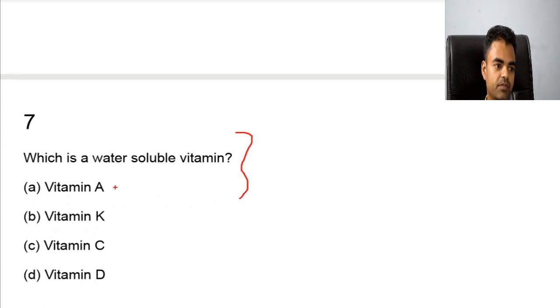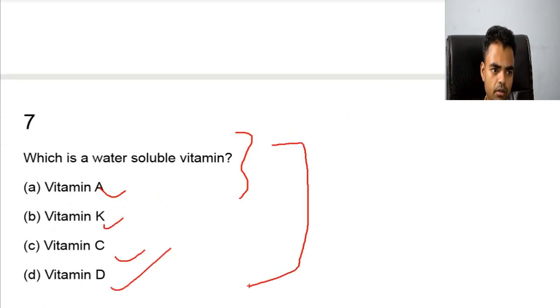Now the 7th question. Which is a water soluble vitamin? Vitamin A, vitamin K, vitamin C and vitamin D. Let me tell you, from this question, maybe you are going to get at least one question on vitamins in the examination.